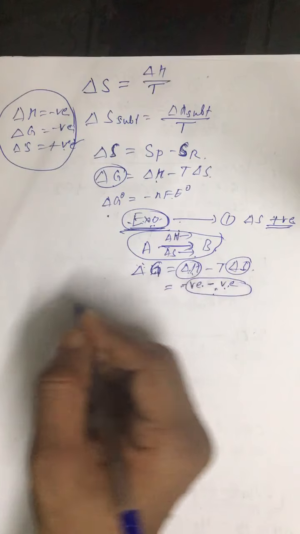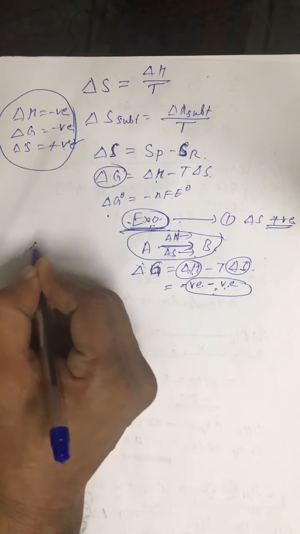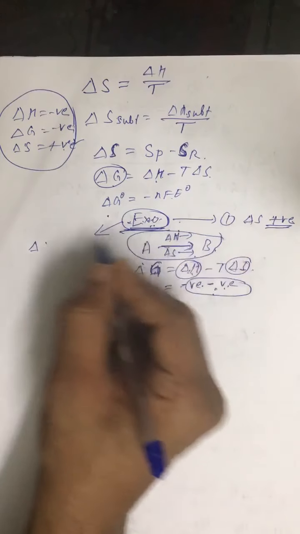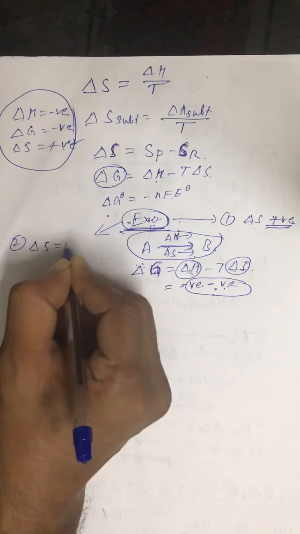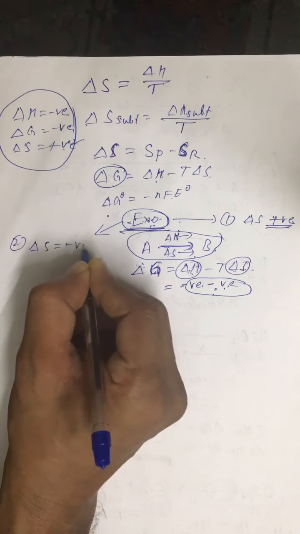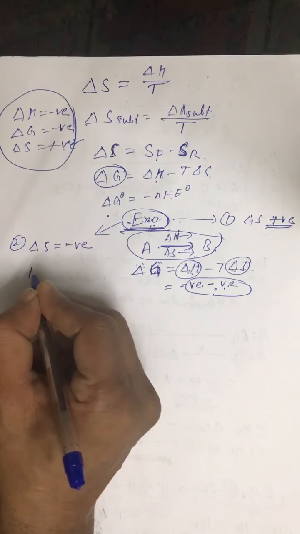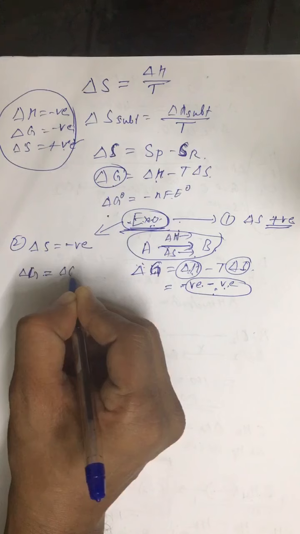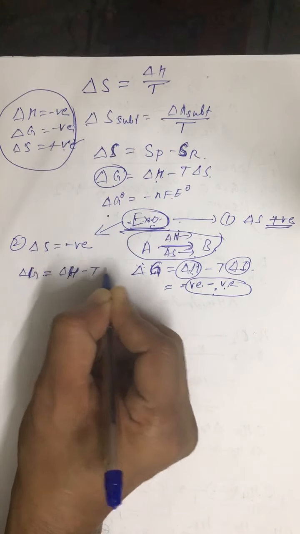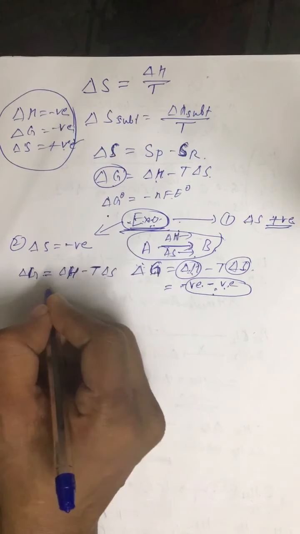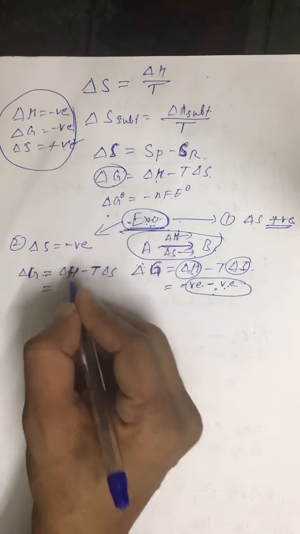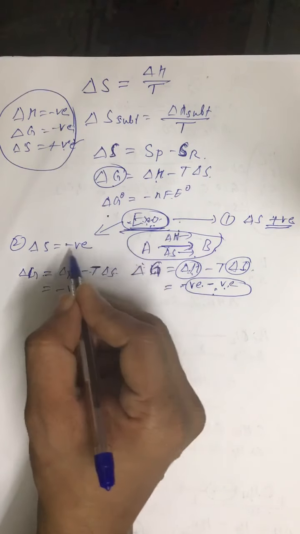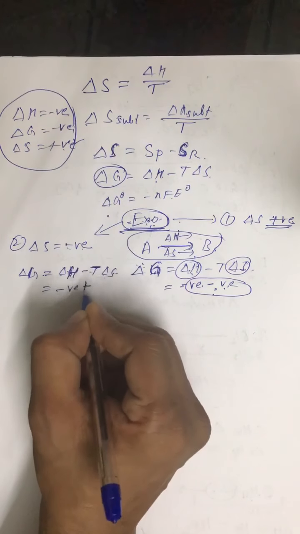Now look at the second condition. This is exothermic, but now ΔS is negative. So look at the relation ΔG equal to ΔH minus TΔS. Now this is exothermic, so this is negative, minus and this is minus, plus.